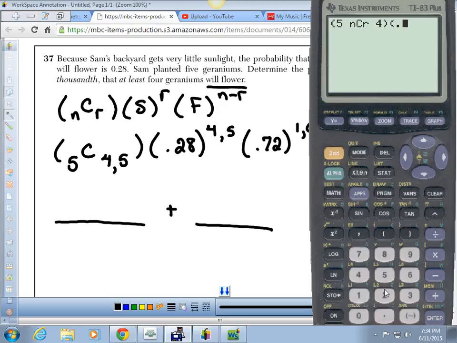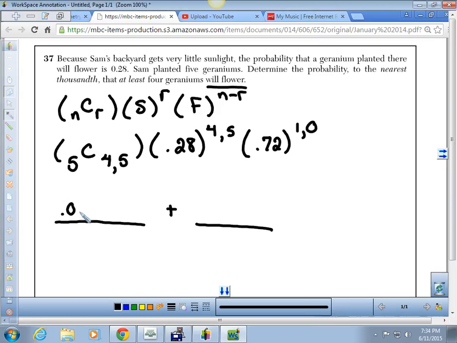We want then 0.28 raised to the 4th, and then 0.72 raised to the 1st. If we possibly can, we'd really like our probability expressed as a what? As a fraction. So let's see if we can fraction this off. We can't. We're going to leave that full value then, so we got 0.0221. Keep it going for me, please.